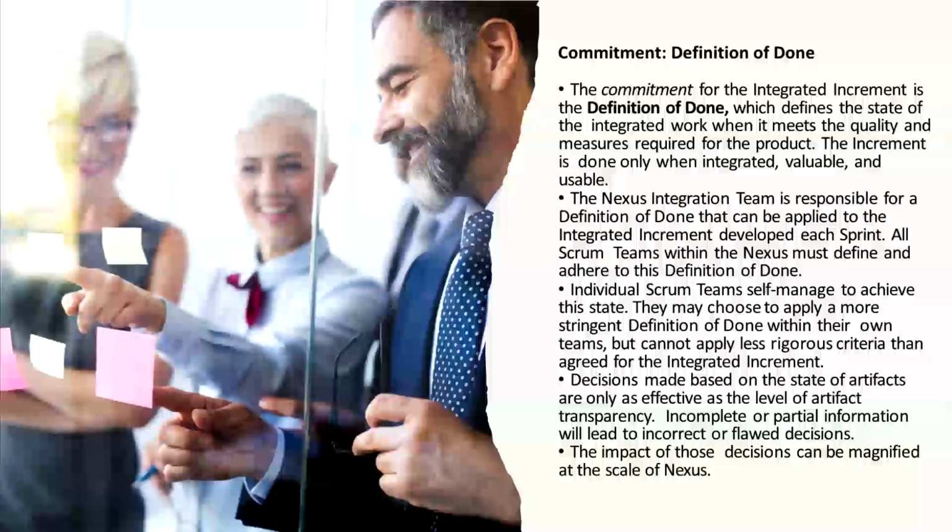Commitment: Definition of done. The commitment for the integrated increment is the definition of done, which defines the state of the integrated work when it meets the quality and measures required for the product. The increment is done only when integrated, valuable, and useful.